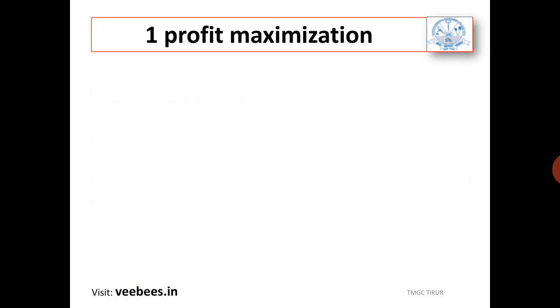Profit maximization, as the name indicates, simply it is the maximization of profit of the company. The economic profit of the company is to be maximized. It is the main goal, the first goal of financial management.